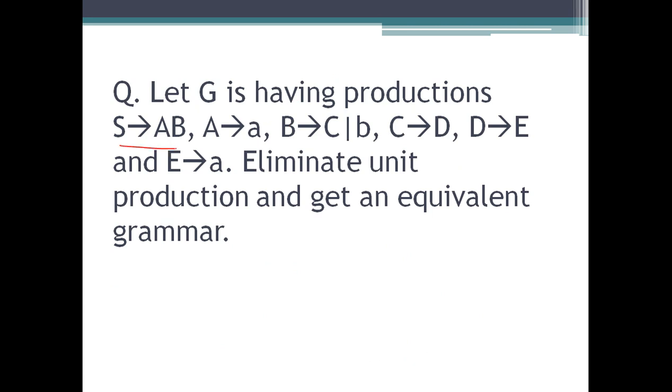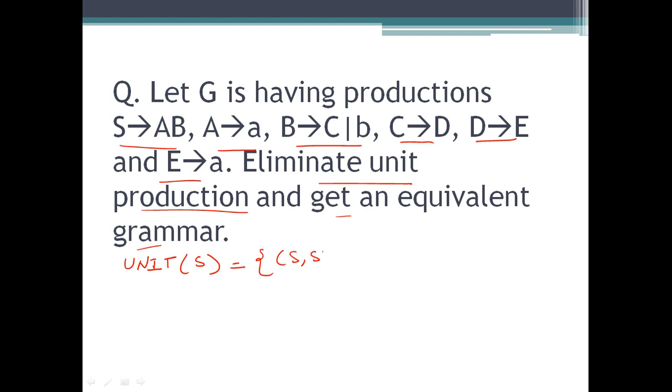So let us understand with an example. We have these production rules, and we have to eliminate unit production to get an equivalent grammar. So let us start. We have to find the unit set of all variables. Let us start with S. S, comma S will belong to this set.